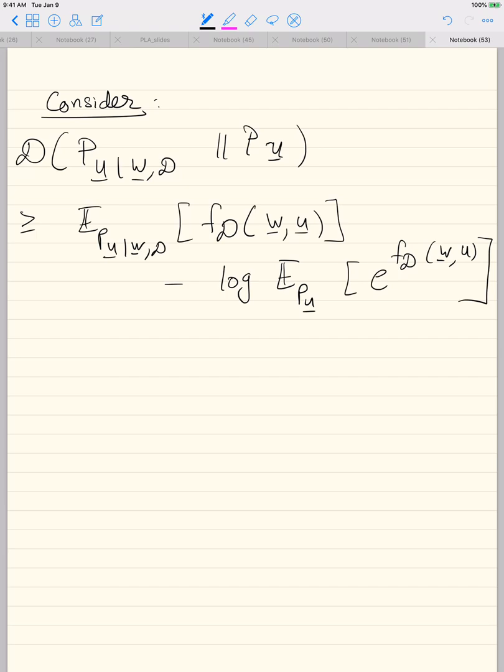So we will consider the relative entropy between U given Wd and Pu. Because then when we take the expectation, we get I of U and W comma D, which is essentially what we want. We'll see why.